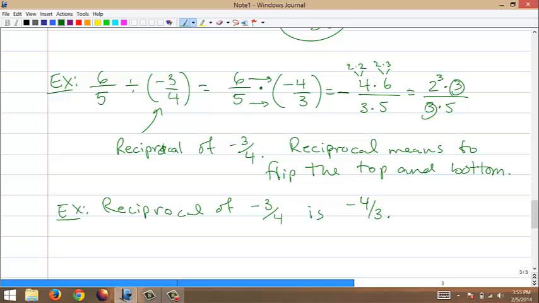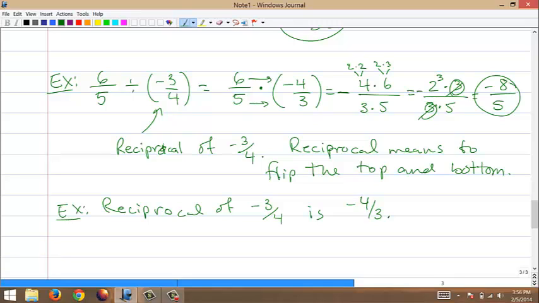So in this case, don't forget your negative. Since we have a 3 in the top and a 3 in the bottom, they'll cancel out. Again, since we're looking at all the prime numbers, we know there's nothing else to cancel, so we can simplify the top down to negative 8 all over 5. And that's our final answer for that one.